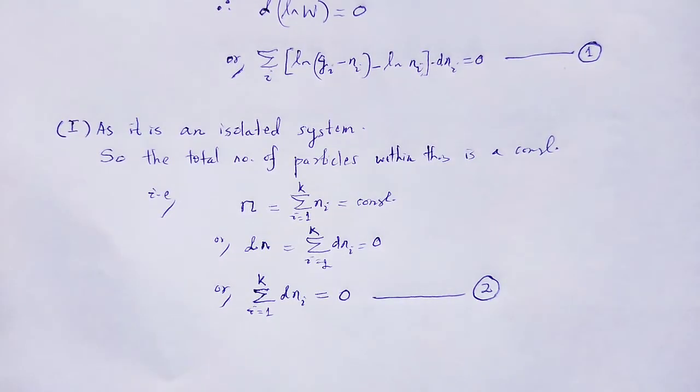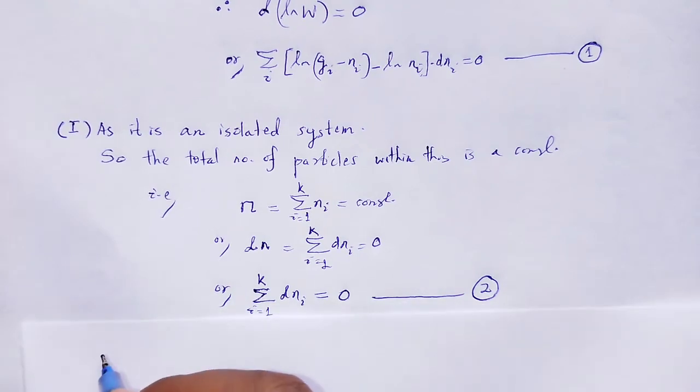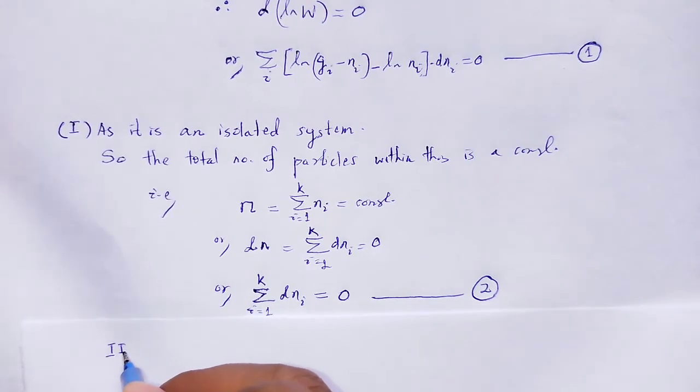Similarly, as we say, in an isolated system the total energy will be constant. That is the second constraint.